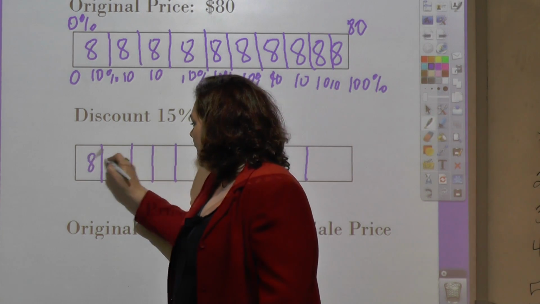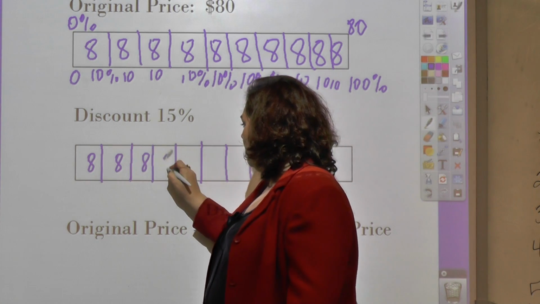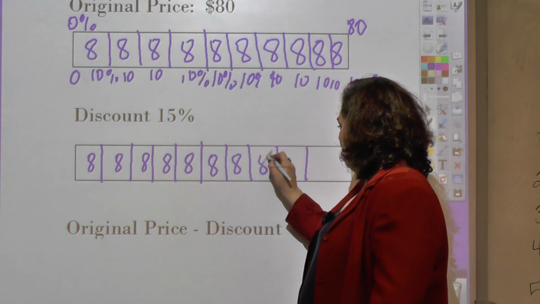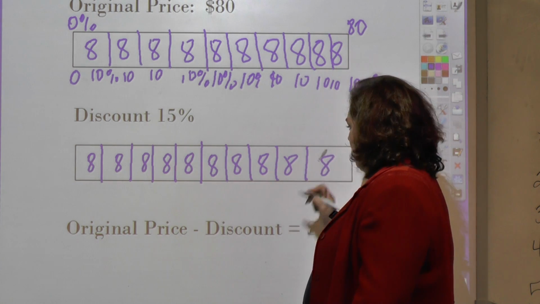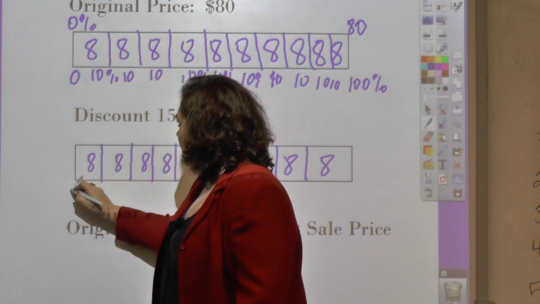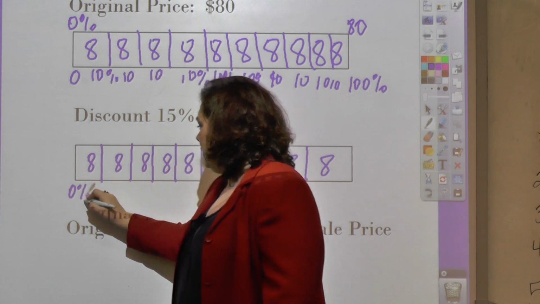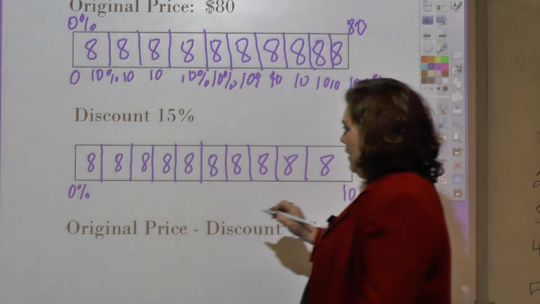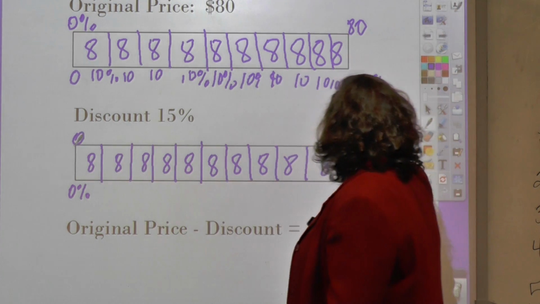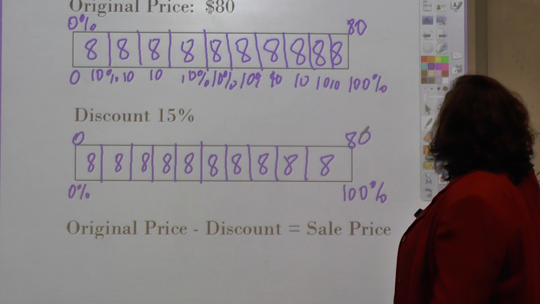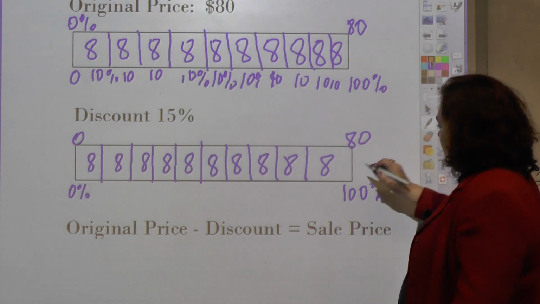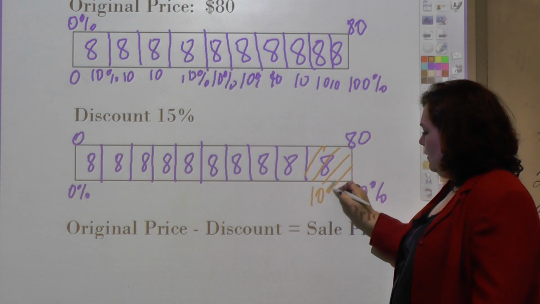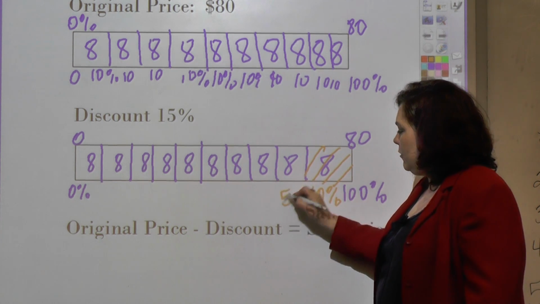And here's my 8. And here's my 0% all the way to 100%, and 0 all the way to 80. Now I'm going to take 10% off. This is my 10%.